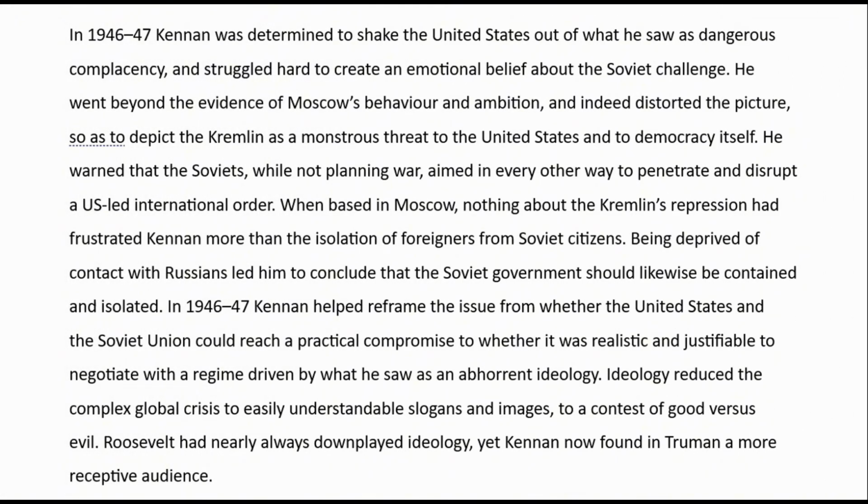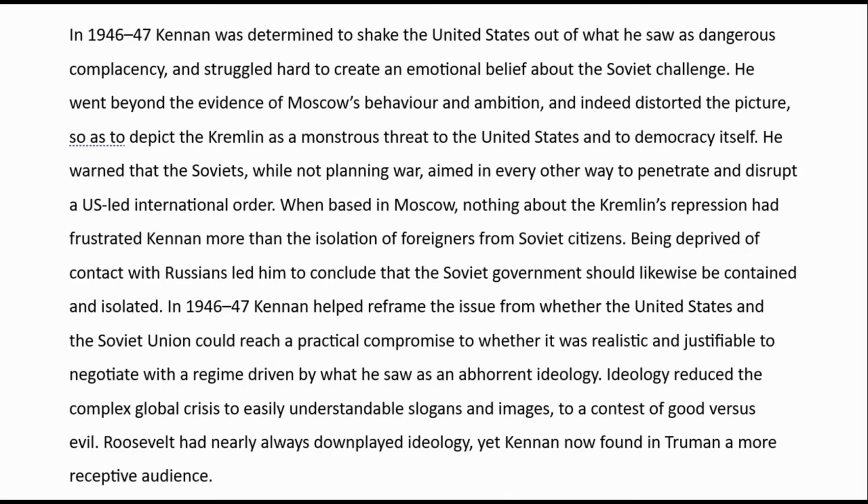In 1946 to 1947, Kennan was determined to shake the United States out of what he saw as dangerous complacency and struggled hard to create an emotional belief about the Soviet challenge. He went beyond the evidence of Moscow's behavior and ambition, and indeed distorted the picture so as to depict the Kremlin as a monstrous threat to the United States and to democracy itself.